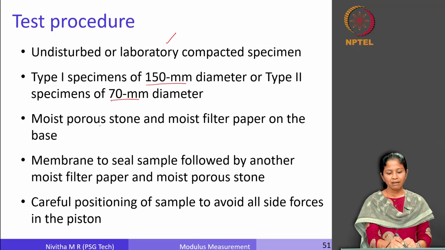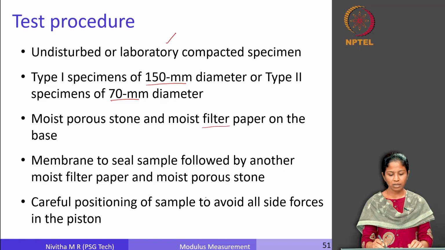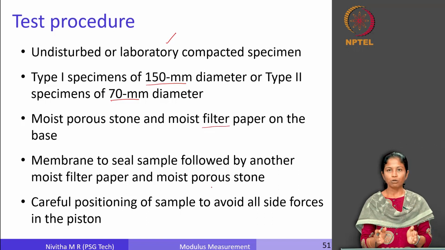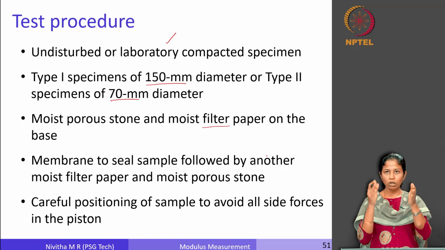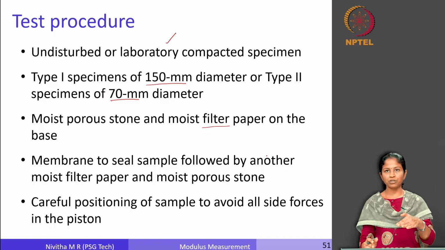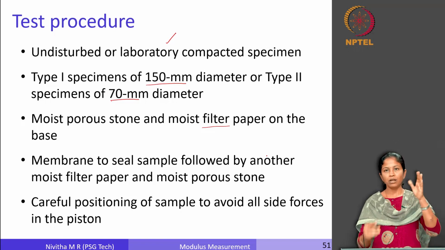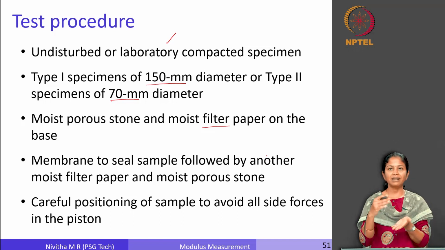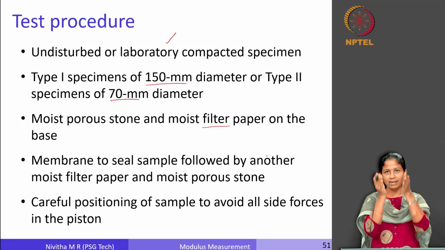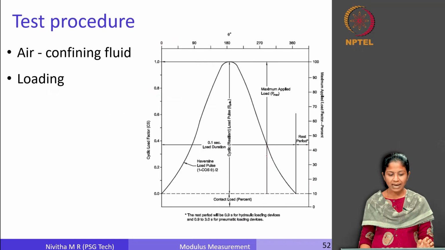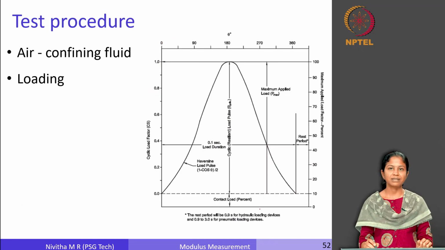Initially we place moist porous stone and filter paper on the bottom, and we place a membrane to seal the sample, right. Along with the membrane we have the sample I showed you earlier. The whole thing you place, then another porous stone, filter paper, and porous stone on top of it, and then you position it such that it is not aligned to any side, it is exactly vertical. So we align it, and then we start the test.